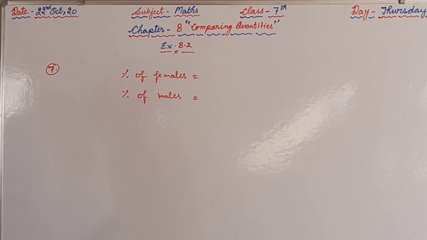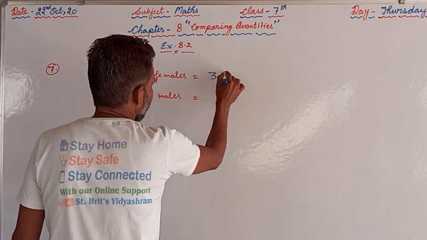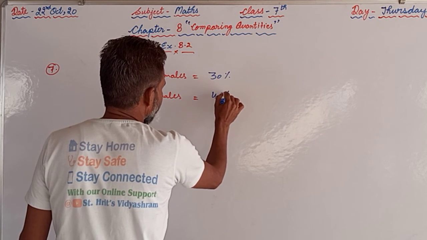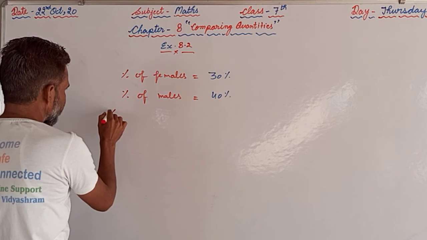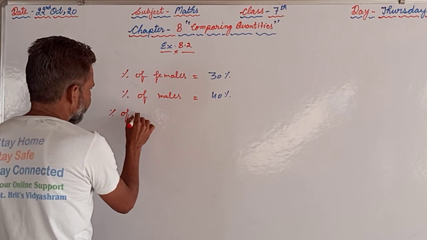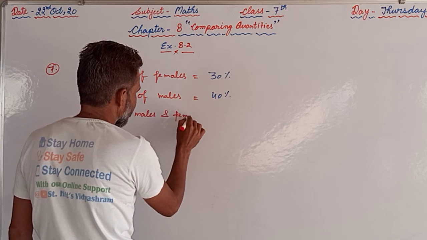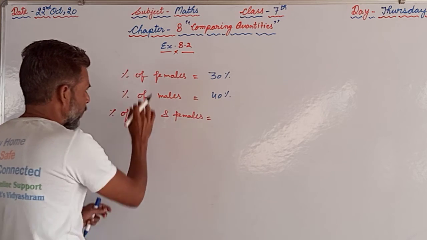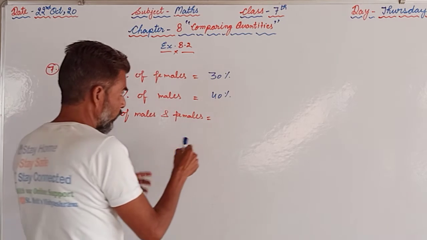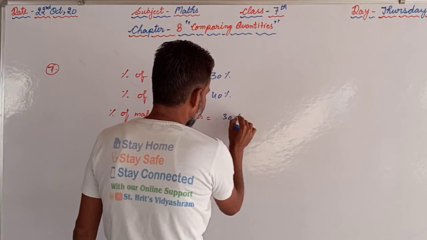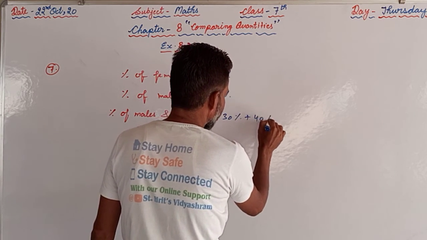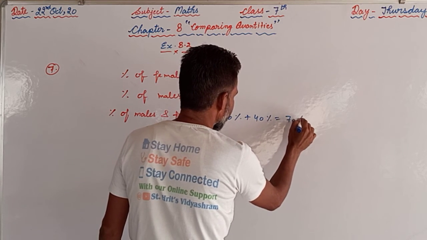Females are 30% and males are 40%. Percentage of males and females means percentage of both. For both, we are supposed to add 30% plus 40%, that is 70%.